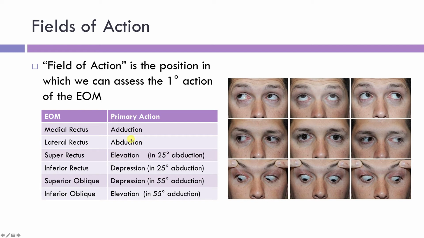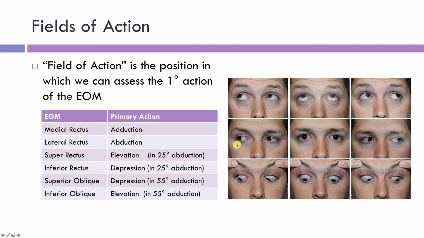So I need to find the position where I get to assess adduction, and by doing this, I get to assess the medial rectus. If I assess abduction, by doing this, I'll assess the lateral rectus. So if we go back to our cardinal positions of gaze, here we have primary position. Let's go into dextroversion, so right gaze.